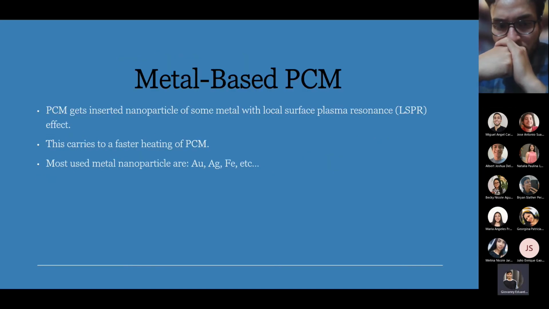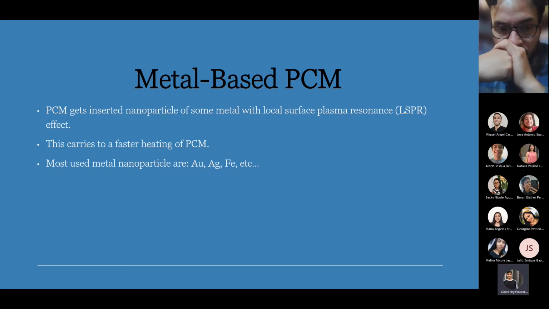Then the metal-based PCM. The metals used are nanoparticles, with the phenomenon of localized surface plasmon resonance.